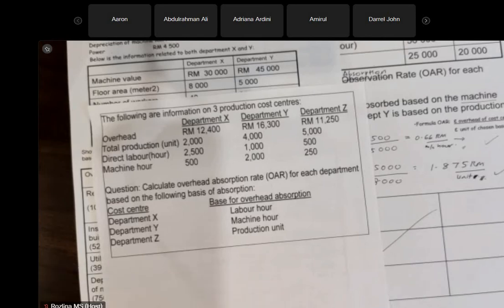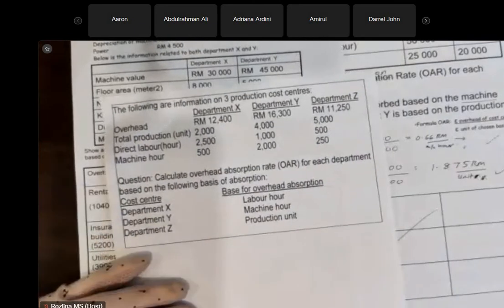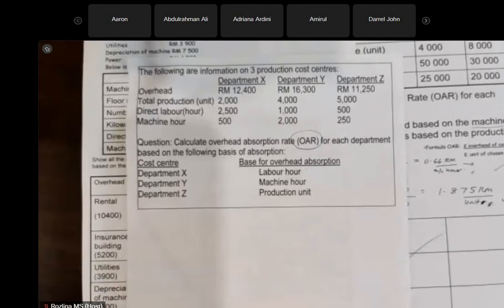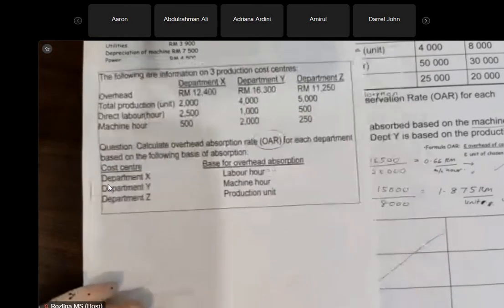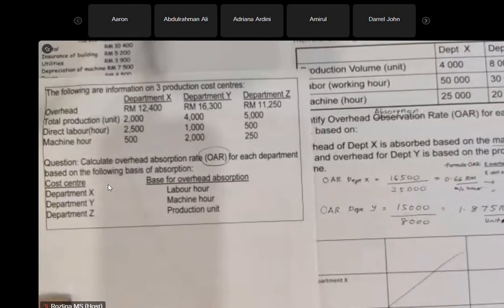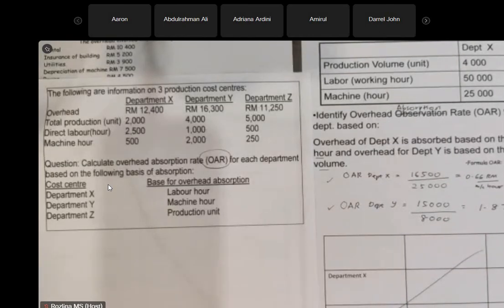So, yang tak ada kat sini ialah apportionment process. So, you just use OAR punya method. It is simple sebenarnya. Okay, try to do it. Use 5 minutes to answer.